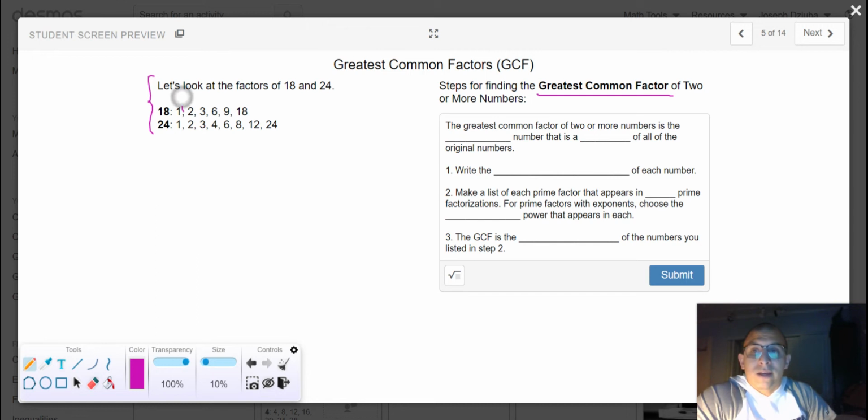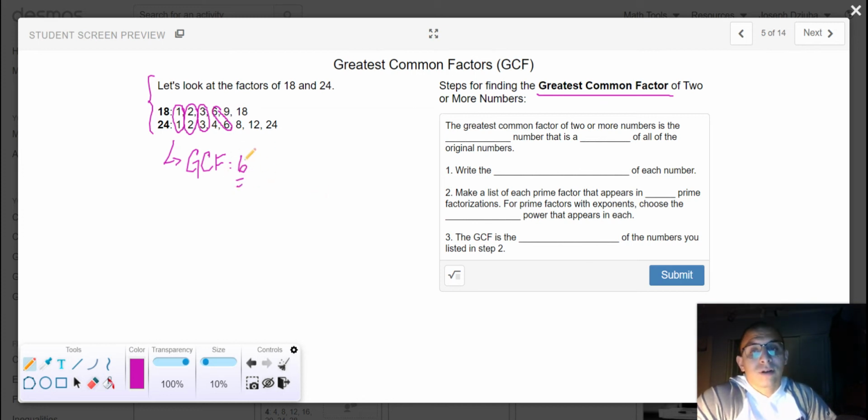We can see that they have 1 in common. We can see that they have 2 in common. We can also see that they have 3 in common. We can also see that they have the number 6 in common. So obviously, our greatest common factor would be 6.